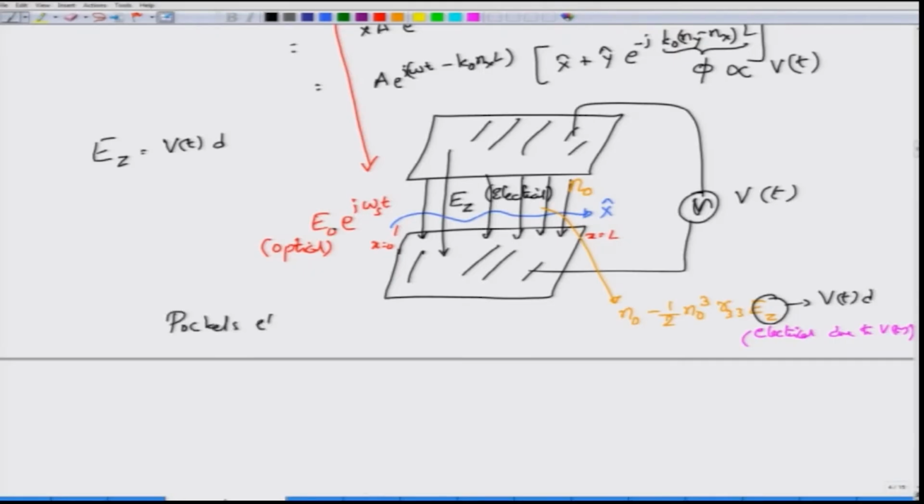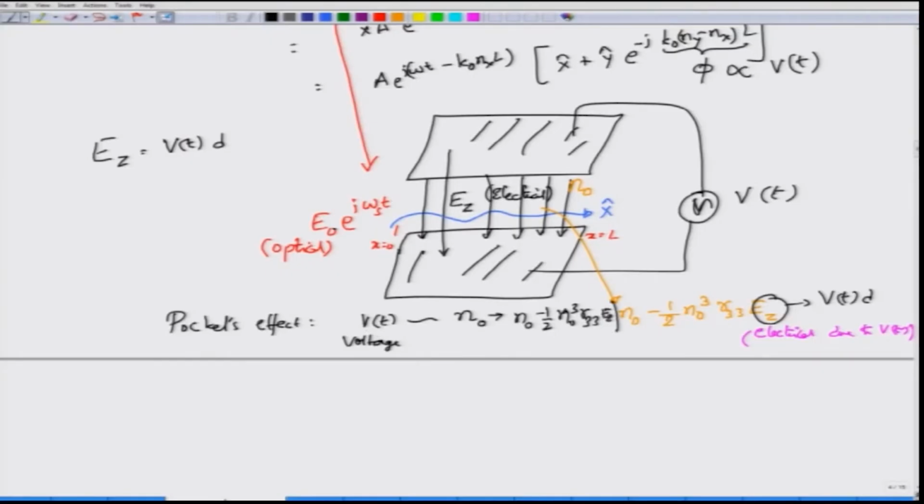And what is Pockel's effect? Pockel's effect implies that you can apply external voltages, the potential difference, and then change the optical properties. That is, you can change the refractive index from N0 to N0 minus half N0 cube R33 Ez, Ez being the result of applying voltage V of t.